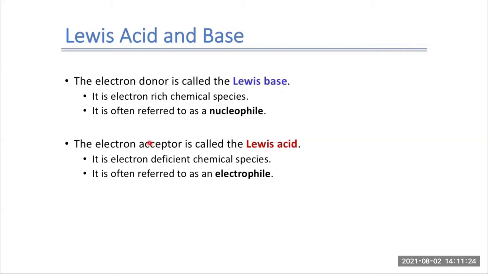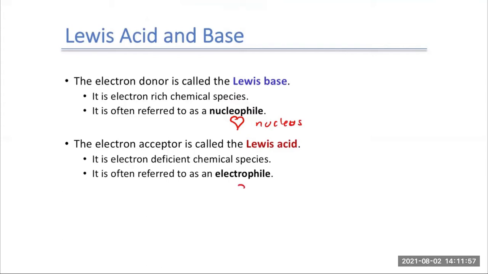Lewis acids, on the other hand, are electron acceptors. So they'll accept the lone pair from the base. They usually are electron deficient, and we tend to call them electrophiles because they love electrons. They want electrons. And our Lewis bases are nucleophiles. You can think they love the nucleus.